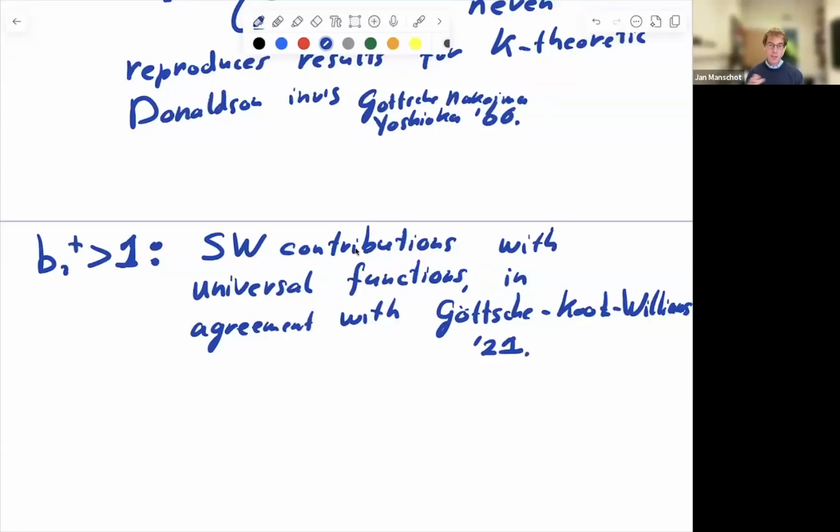So this gives us a nice kind of confirmation on both sides that things are working out very nicely, both in the effective field theory and in the mathematics as well as the UV perspective.